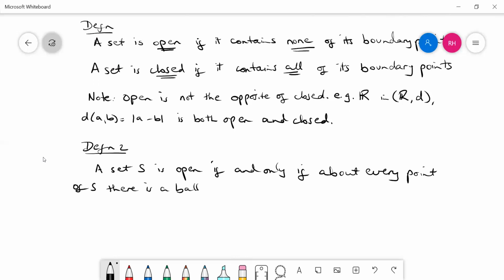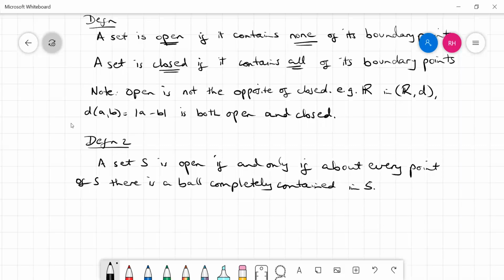You might think there exists a ball, so we can change the radius as we see fit, but there must be at least one ball completely contained in S. There's also a similar sort of definition 2 for a closed set, but it requires the concept of accumulation points, which I don't want to get into at this point. I may come back to that if necessary.